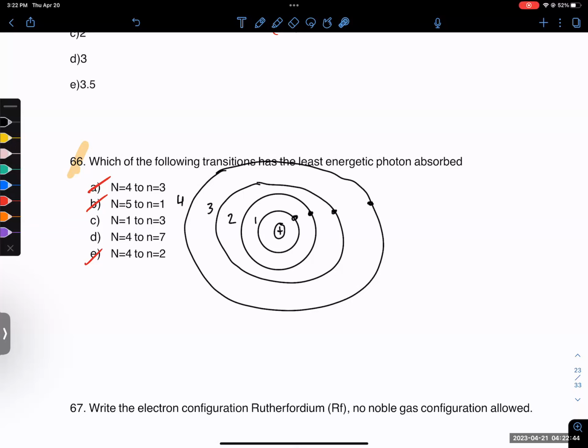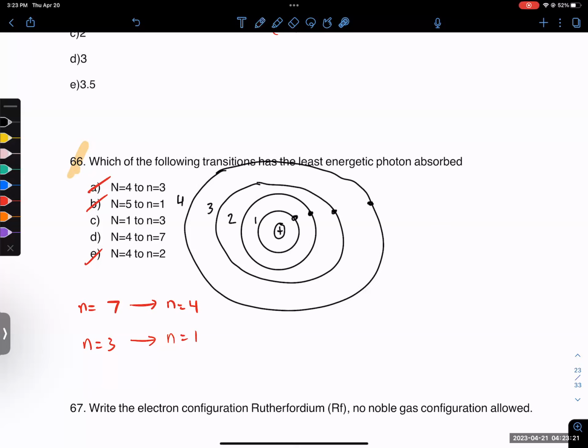Not necessarily. You can also think about it like this. If the electron were to return from its excited state to a lower state, let's say n equals 7 to n equals 4, versus n equals 3 to n equals 1.